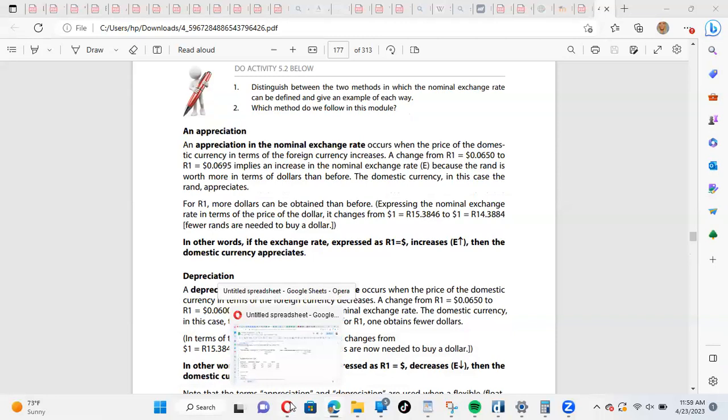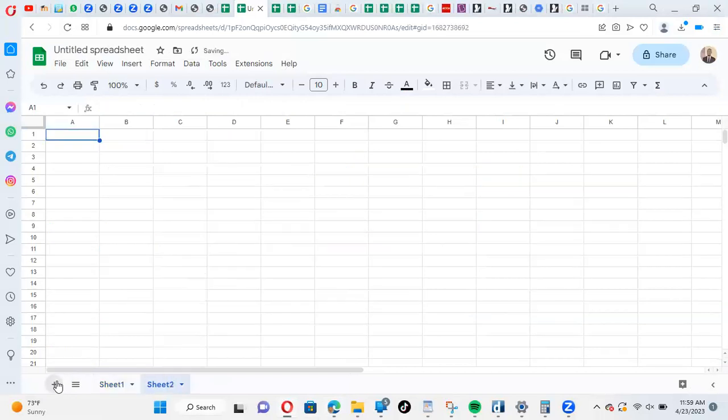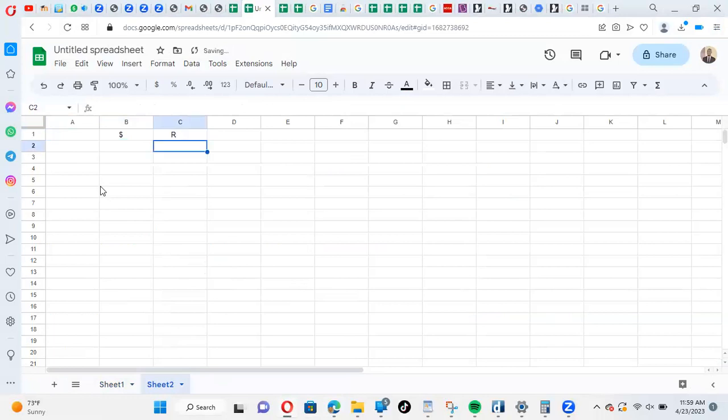All right, so I'm going to put up the calculation here. Up here, let's have US dollars, and then we have our rand over on this side. Let's repeat the same thing here.